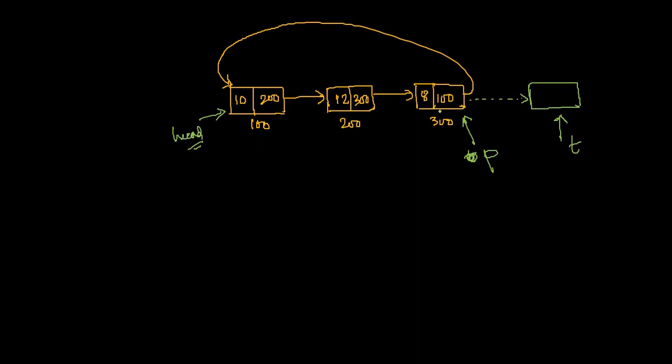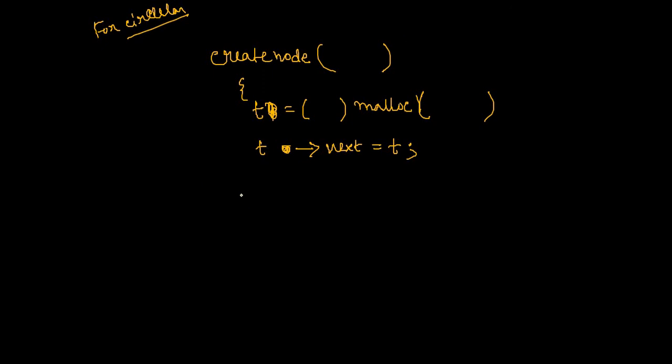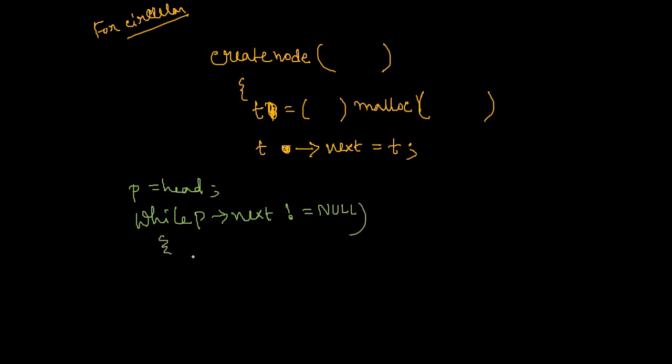But here I have a little bit of change. The change is that in previous cases, for inserting, storing at last, you have written that you initialize P by head, while P next not equal to null, P equal to P next.